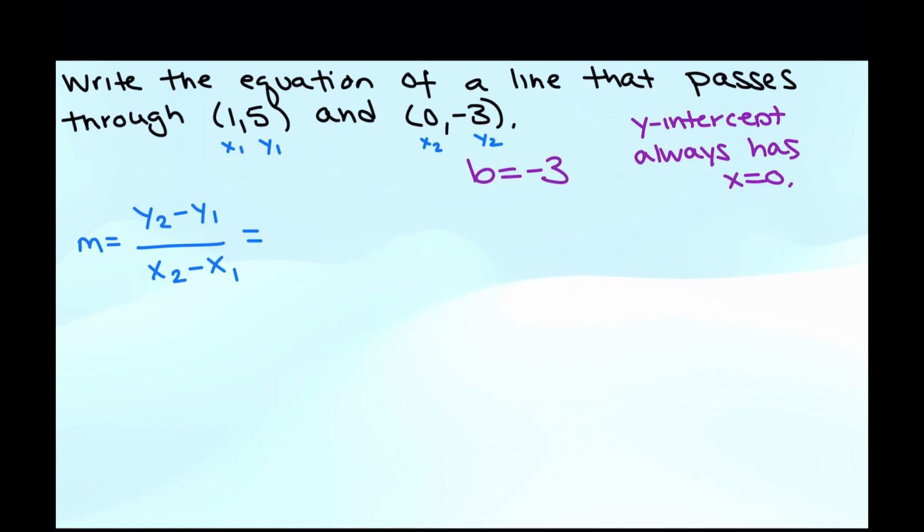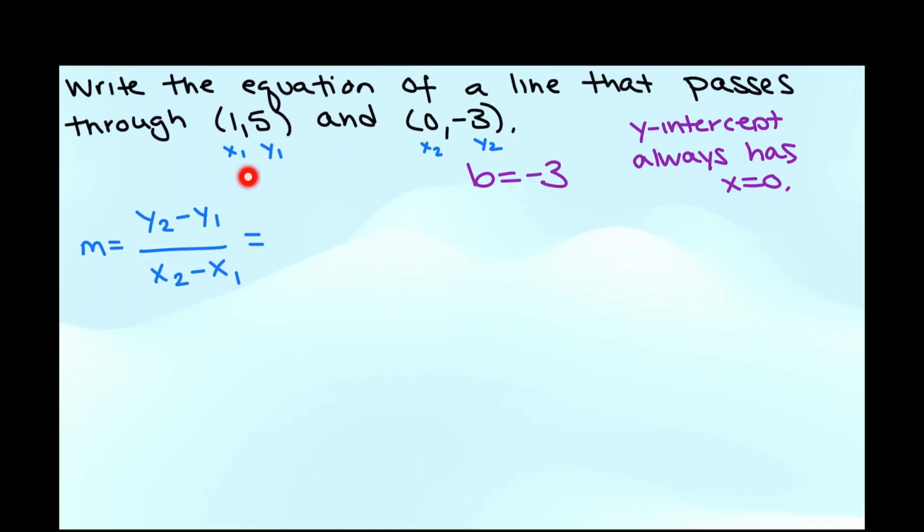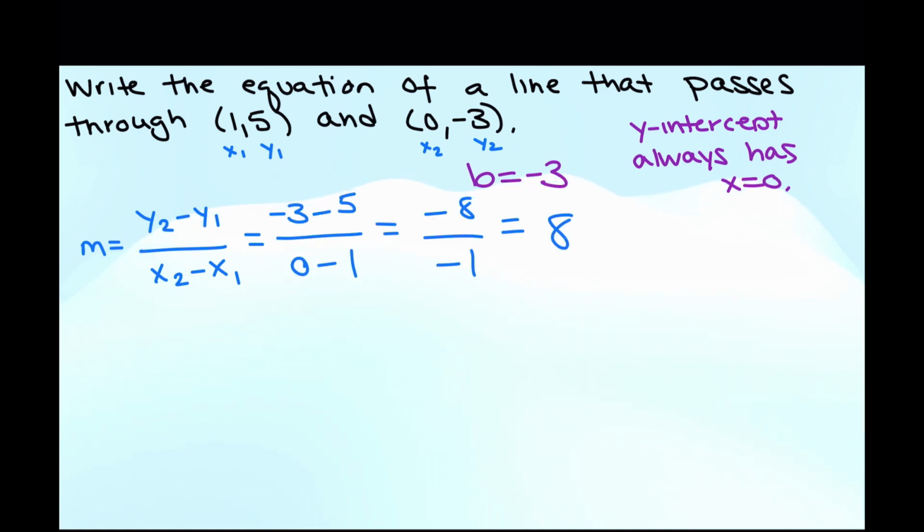So we know what the b is, but we don't know what the slope is. However, in the previous video, we learned that we can compute slope by taking change in y divided by change in x. So I'll let my first point, 1, 5, be the x1, y1, and the second point, 0, -3, be x2, y2, and then I can just plug those numbers into my formula. y2 minus y1, -3 minus 5 is -8, and x2 minus x1, 0 minus 1 is -1. -8 divided by -1 is +8, and that's my slope.